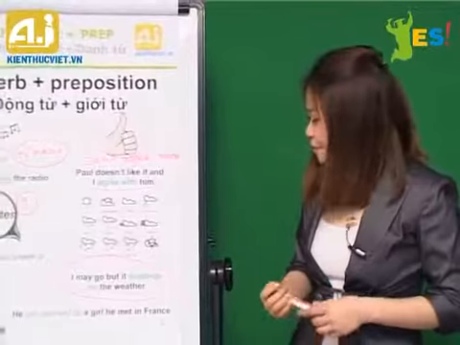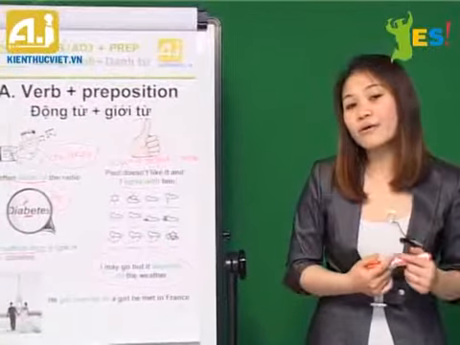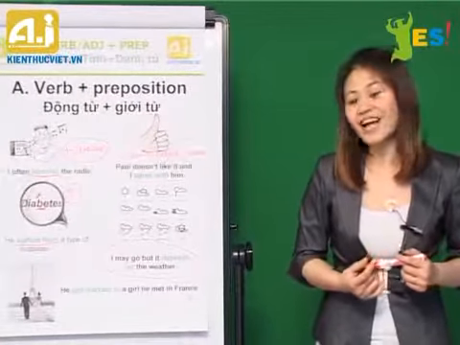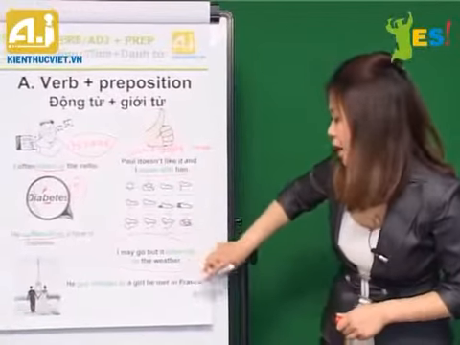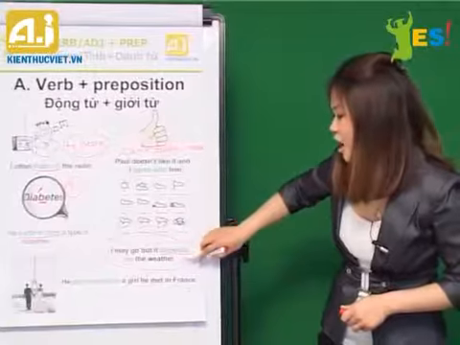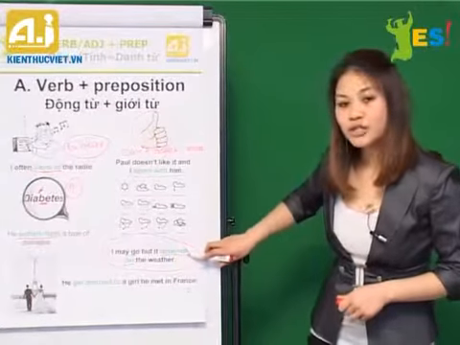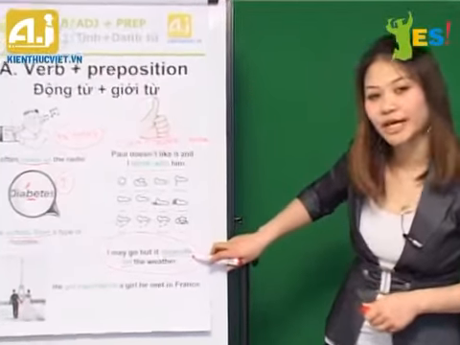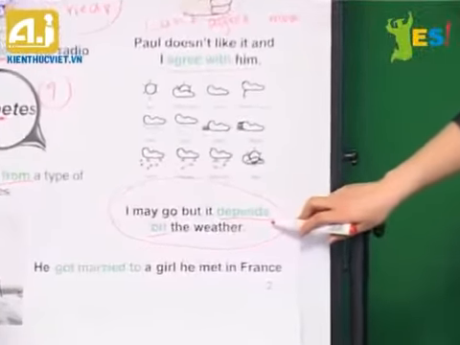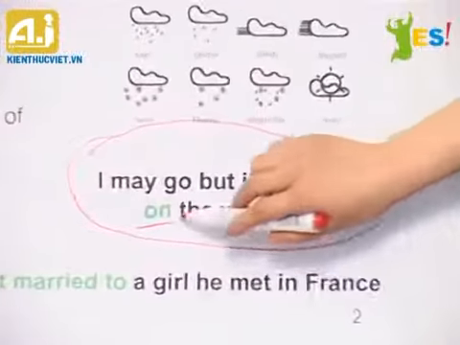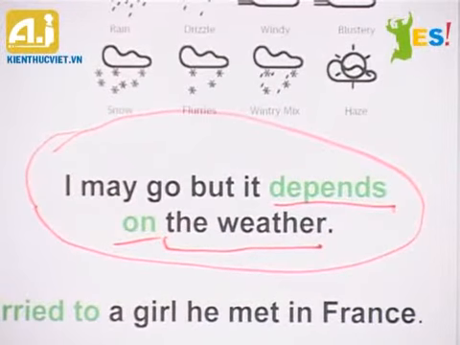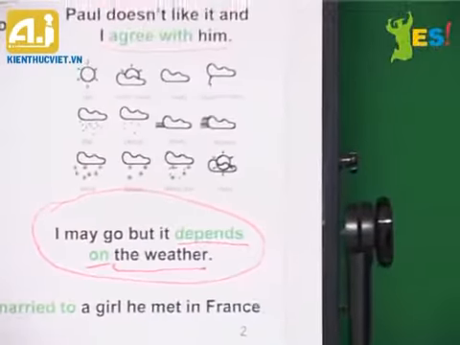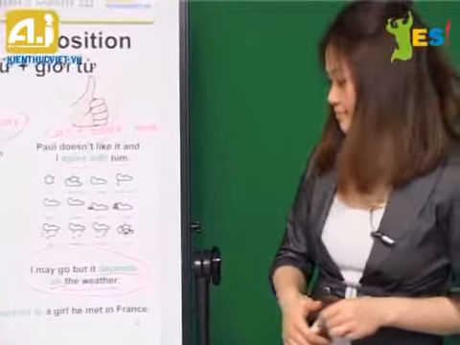So a lot of people will go out if the weather is nice. So here we have, I may go, but it depends on the weather. To depend on something, meaning to rely on something, and the weather in this case is the deciding factor for me to go or not.